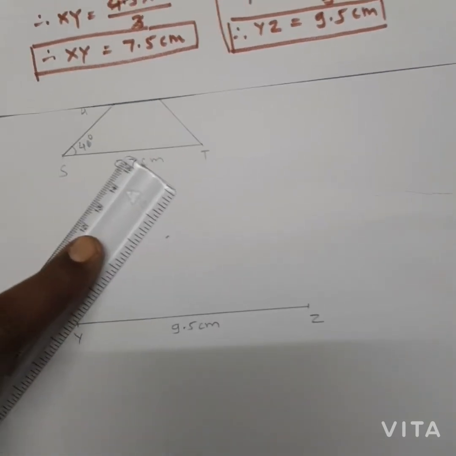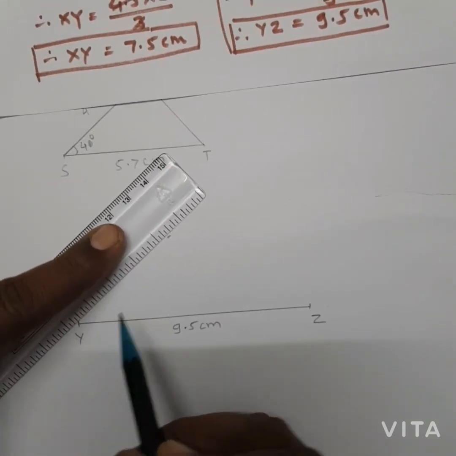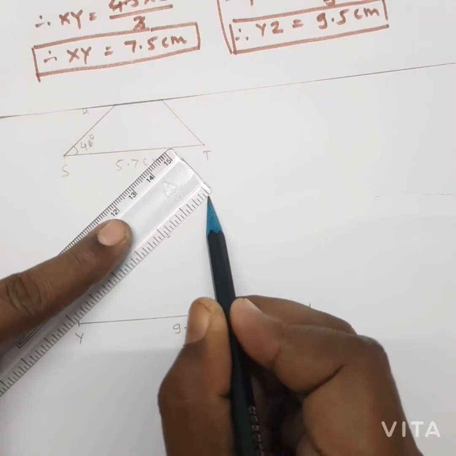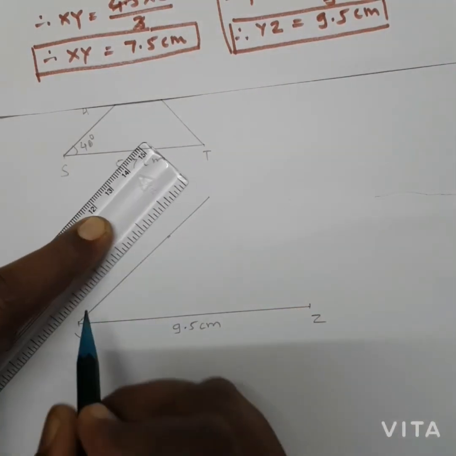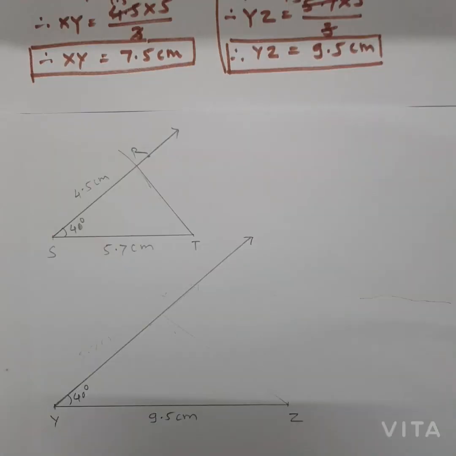Draw a ray through Y of 40 degree measure. Then XY is 7.5 centimeter.